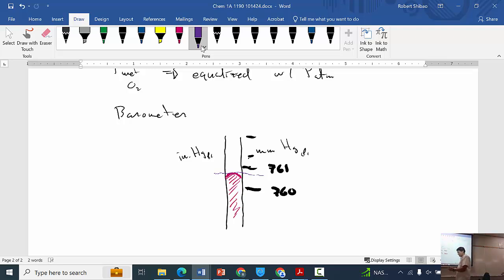This one looks like it's 760, what would you say? 0.7, 0.8, something like that. That's what you do normally, but with this we have a vernier scale that's imprinted, and what it does is it just reads the last digit so you don't have to guess it. So we're going to use the vernier scale to read the last digit.